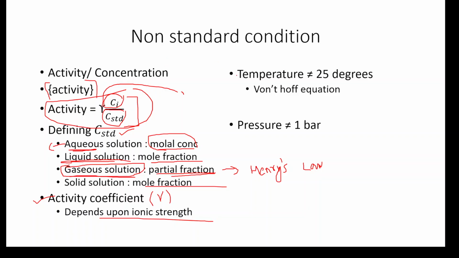So what was the non-standard condition? As we have discussed, temperature is not equal to 25 degrees and pressure is not equal to 1 bar. For temperature, we need to understand the Van 't Hoff equation to determine other parameters, the Van 't Hoff Arrhenius equation.